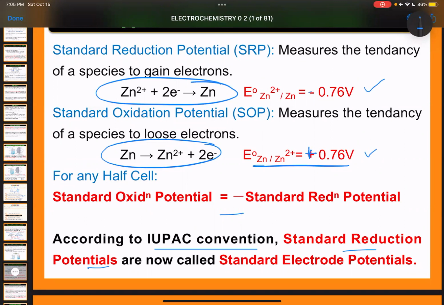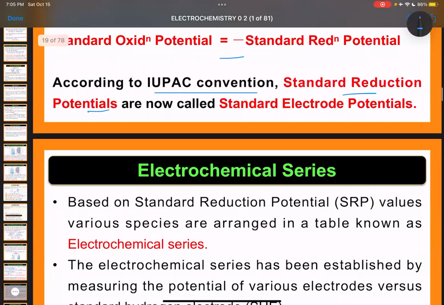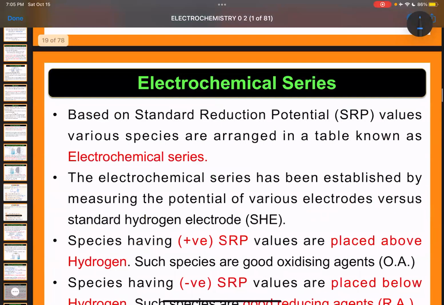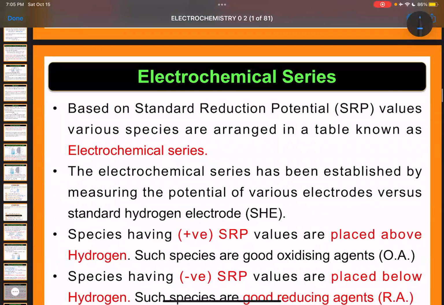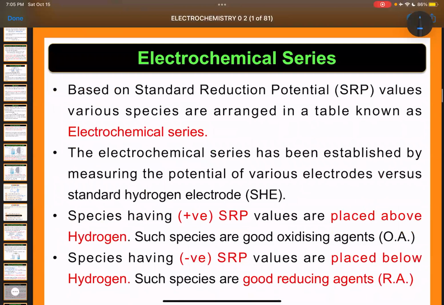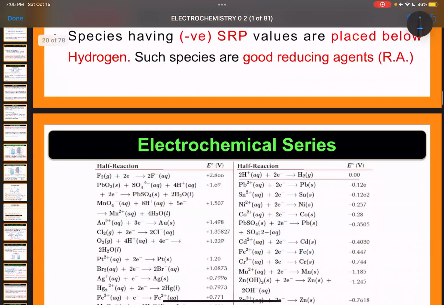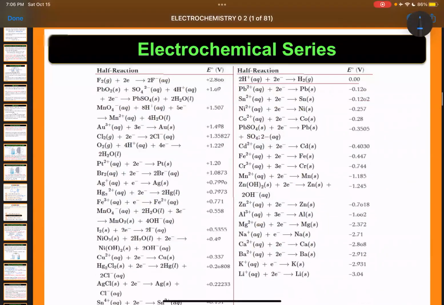But this is taken as the standard reduction potential. And it is measured under standard condition, by connecting the zinc electrode to the standard hydrogen electrode. All these electrode potentials are arranged, and we make an electrochemical series.